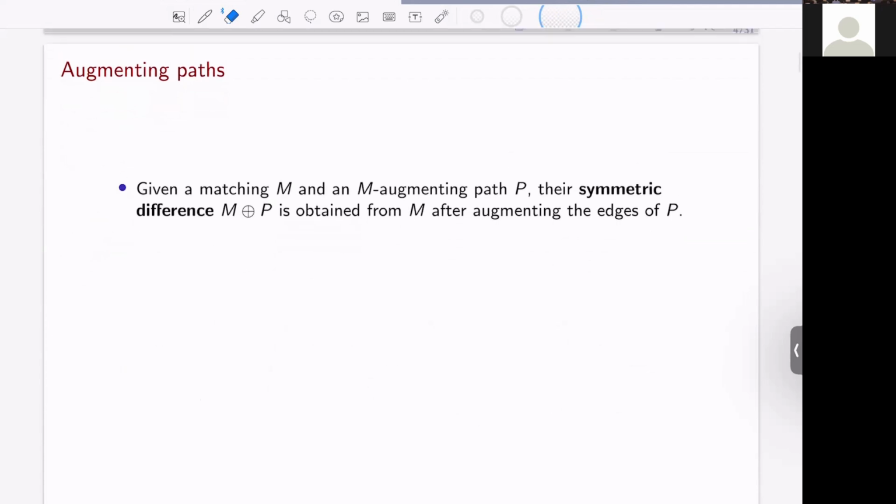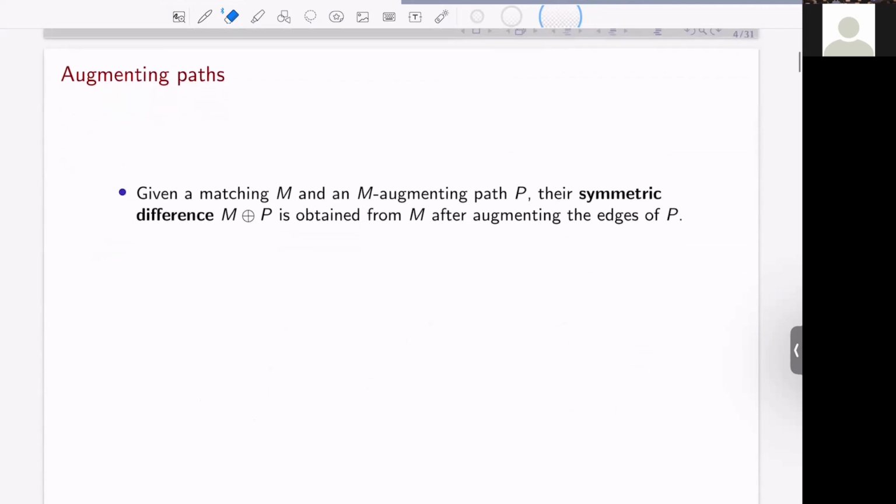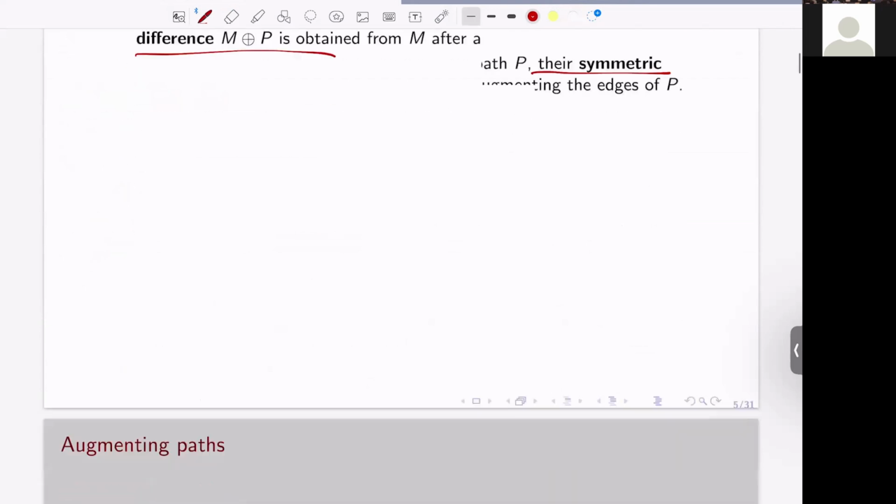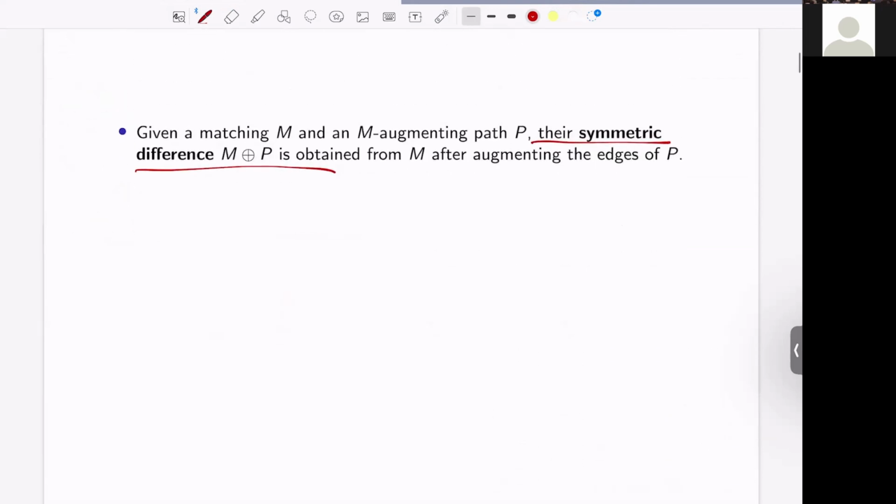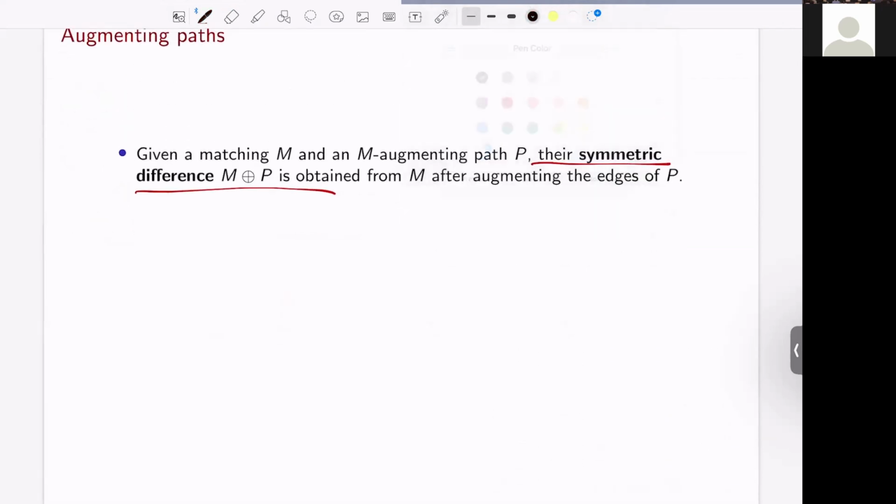And formally, what this augmenting step does is expressed by an operation called the symmetric difference. Let me write down the definition again.